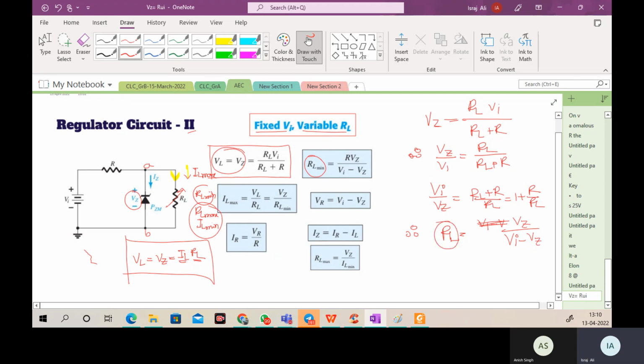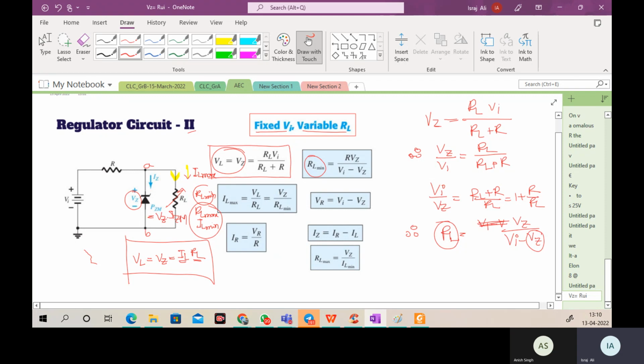And this will be considered the minimum value of RL. Why? Because we are considering the voltage across the Zener is the voltage rating of the Zener. Now the maximum power rating for the Zener is PZM, which is equal to VZ into IZ max, the maximum current flowing through the Zener with that voltage.